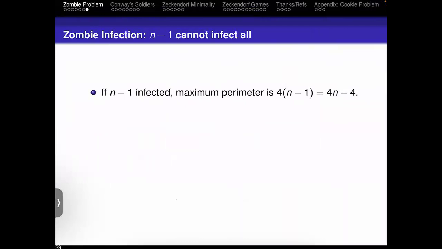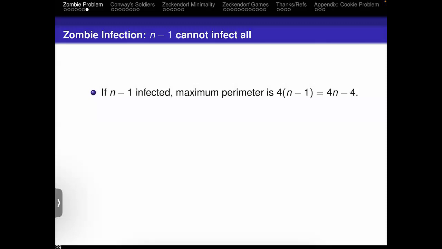If n-1 squares are initially infected, the maximum exterior perimeter would be if they share no walls. So the maximum perimeter is 4 times n-1, or 4n-4. If everybody's infected, what's the exterior perimeter? So you're on an n by n square.